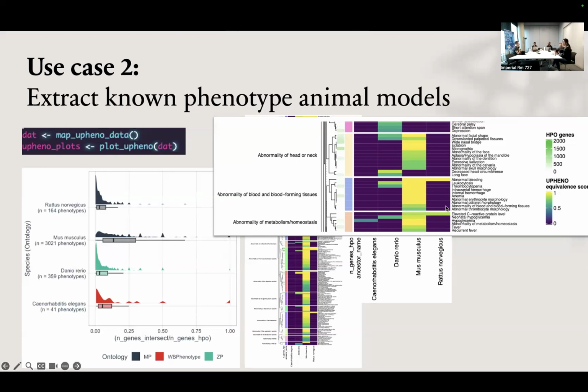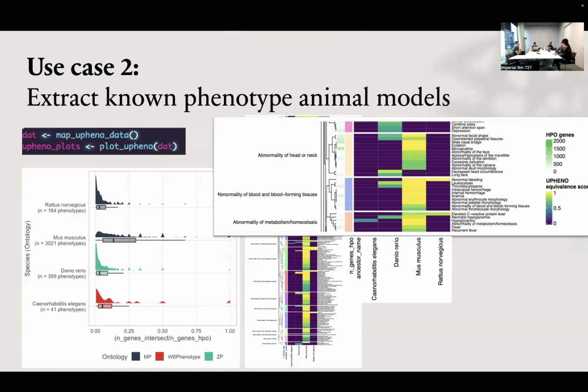And so we can actually have some quantitative metrics to say, like, if we want to model a disease, or we want to model a particular gene mechanism within a disease phenotype, we can basically look to this and say, well, this species has the best shot of actually recapitulating, or there's actually some good evidence that says we will be able to model this in a rat or a mouse or whatever.